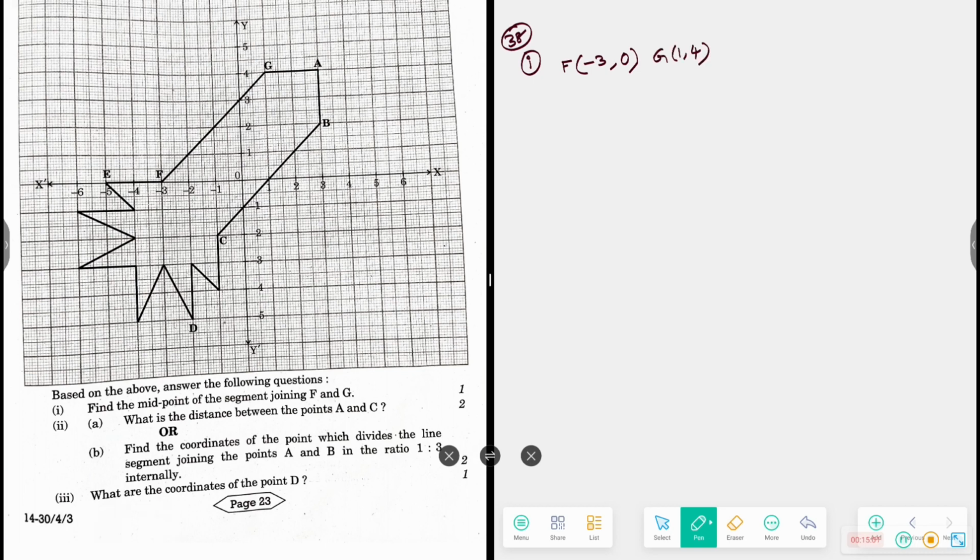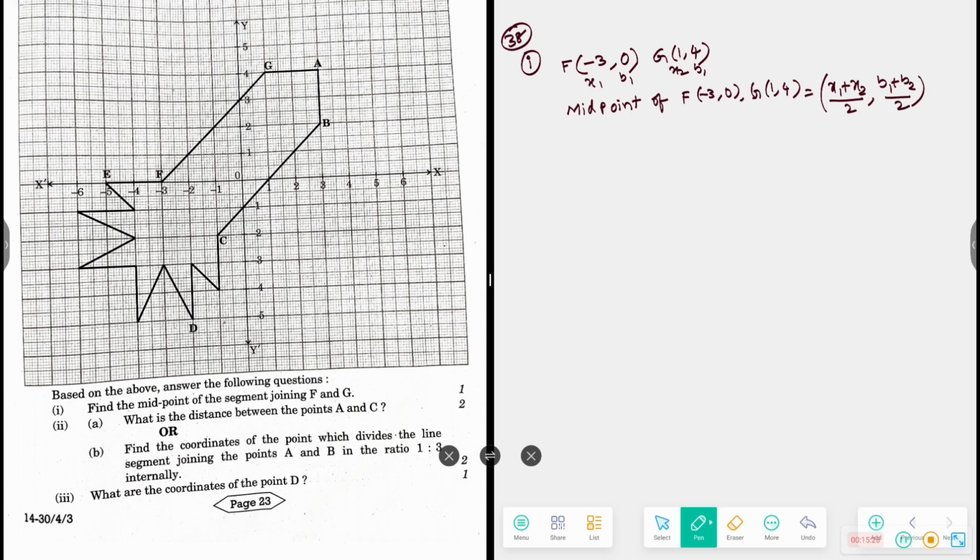So what we have to find out is the midpoint of these two, x1, y1, x2, y2. So midpoint formula is what? Midpoint of F -3 comma 0, G 1 comma 4. Formula is x1 plus x2 by 2 comma y1 plus y2 by 2.